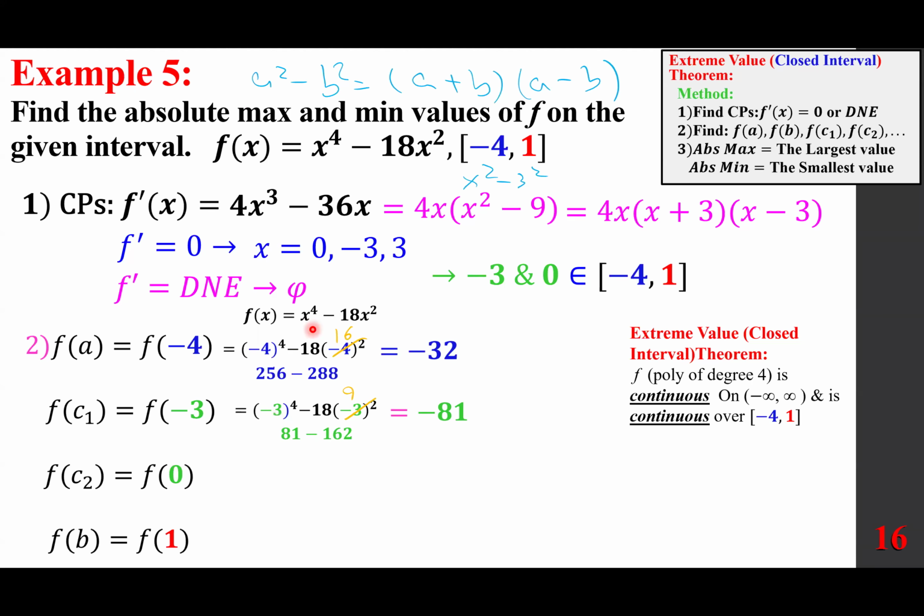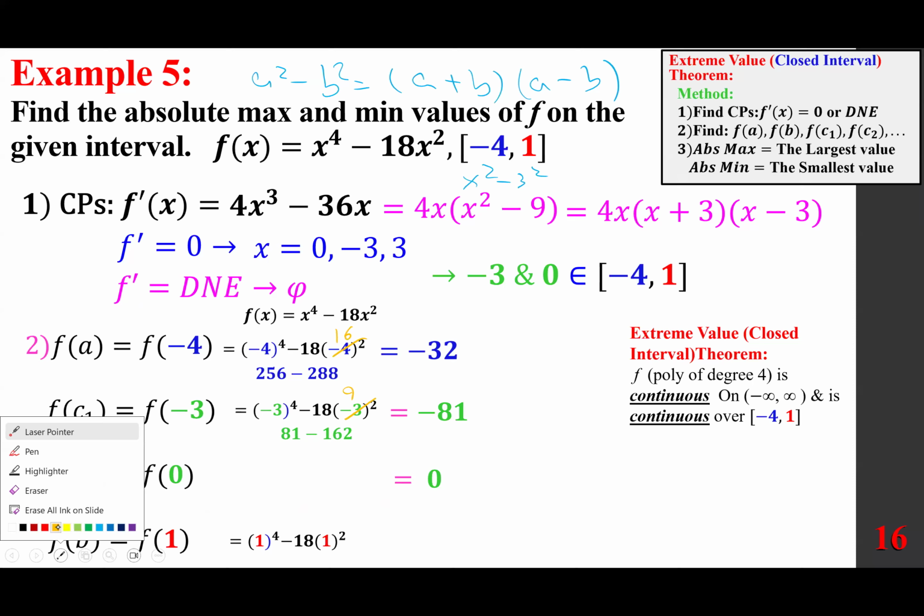If I plug in 0, class, clearly I get 0. It's not a big deal. If I plug in 1, 1 to the power of 4 or 1 to the power of 2 is 1, so we get 1 minus 18, negative 17.